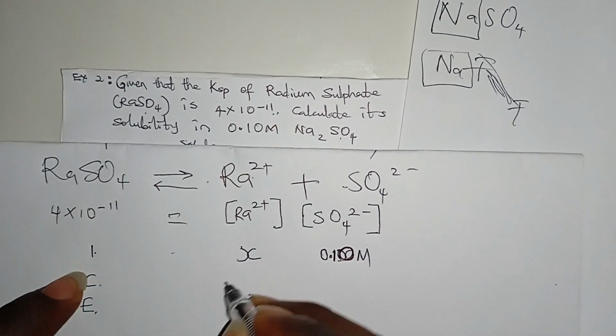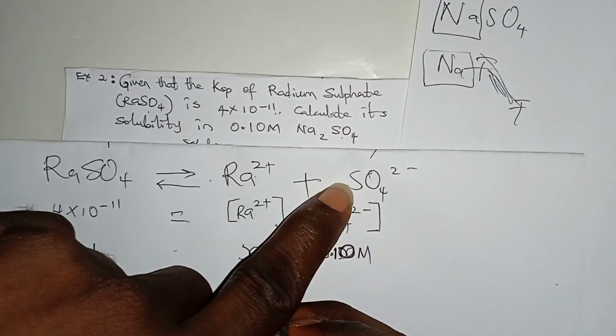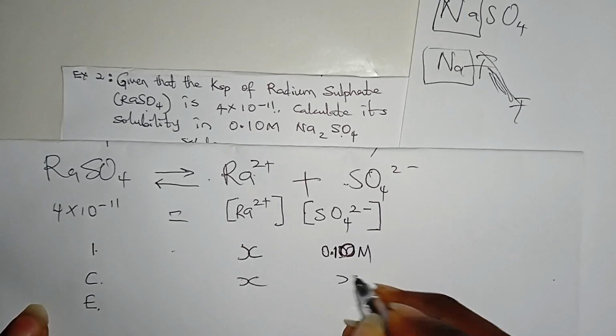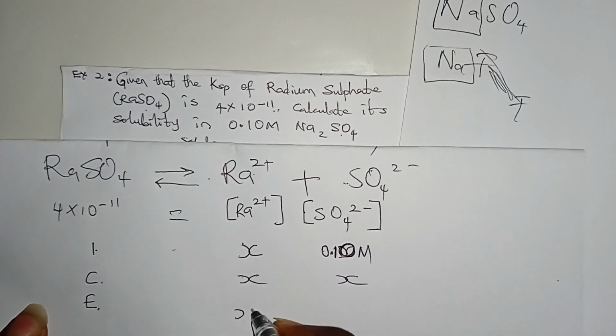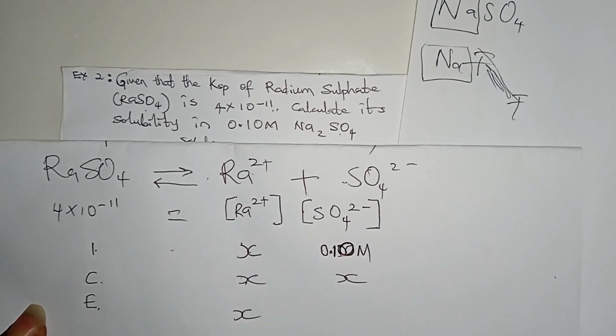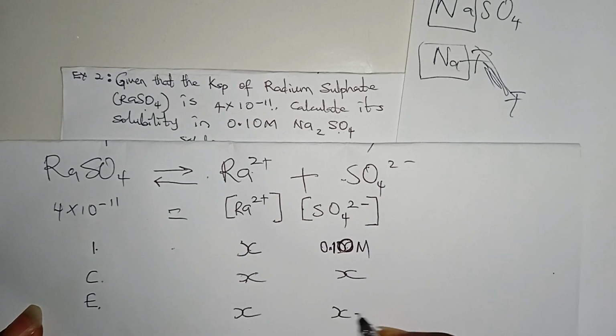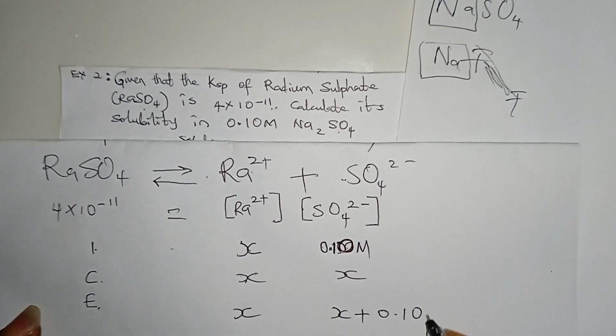So the second part, the change in concentration, deals with the stoichiometric coefficient. So this is x and this is x. So at equilibrium, this is just x, because this x is the same thing as this x. Then for this one at equilibrium, this is going to be x plus 0.10 M.